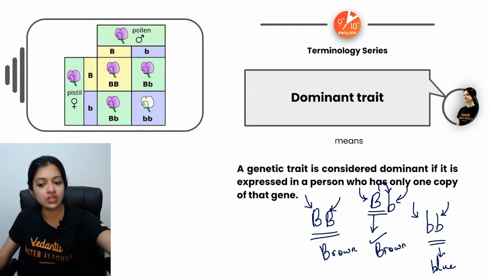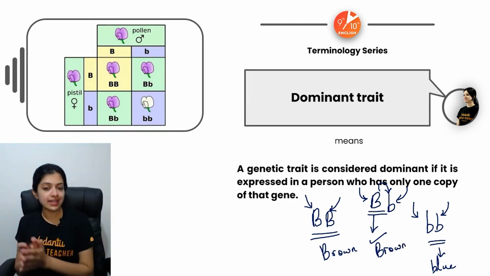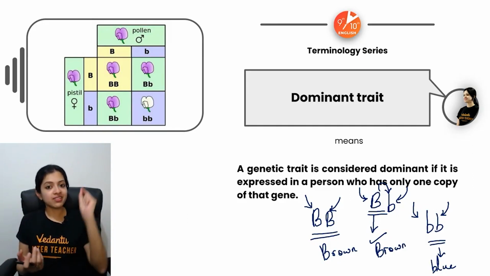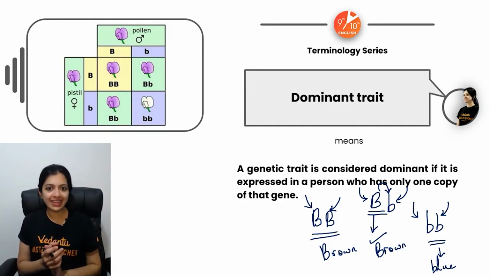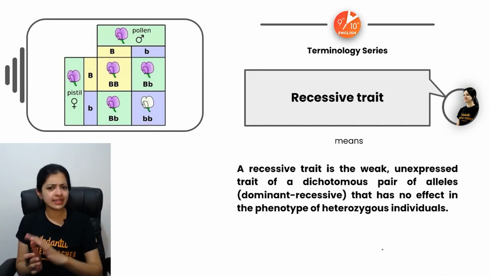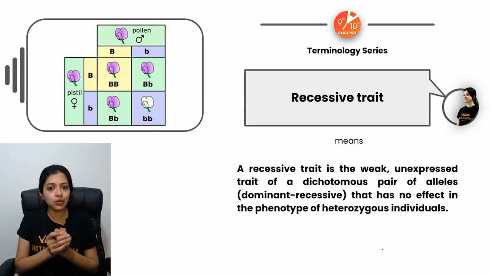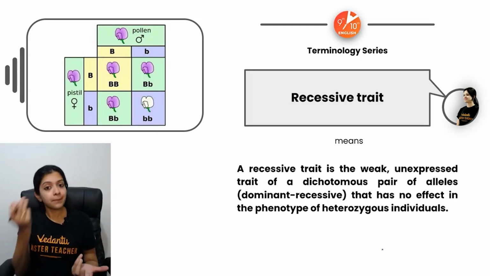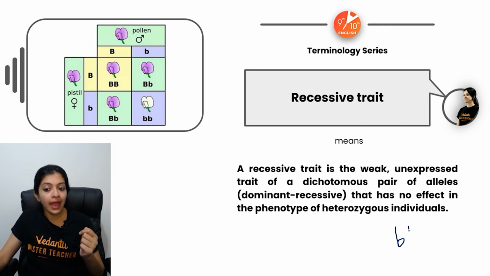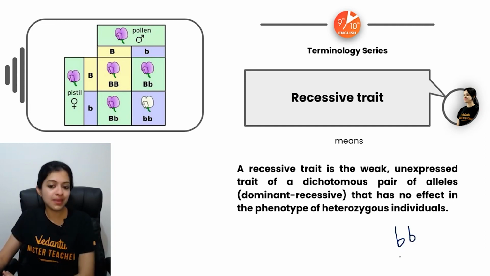The thing we need to remember is that dominant traits can be expressed even if there is just one copy of the particular allele. Now coming to the recessive trait, it would be exactly the opposite. The blue eye color in our previous example would be the recessive trait. Between brown eye color and blue eye color, we say that blue eye color is recessive because only in the presence of another blue eye allele can it be expressed.